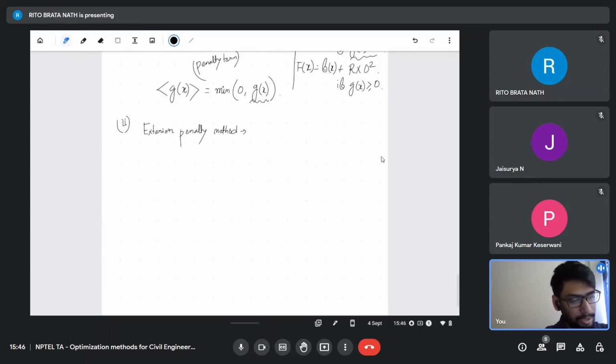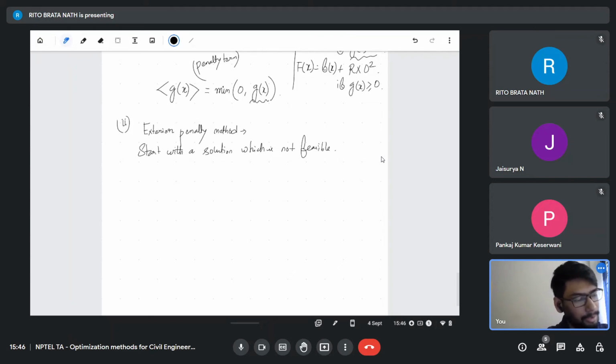So here, what you do, you start with a solution which is not feasible. So you're not in the feasible region, and you are trying to get to the feasible region.